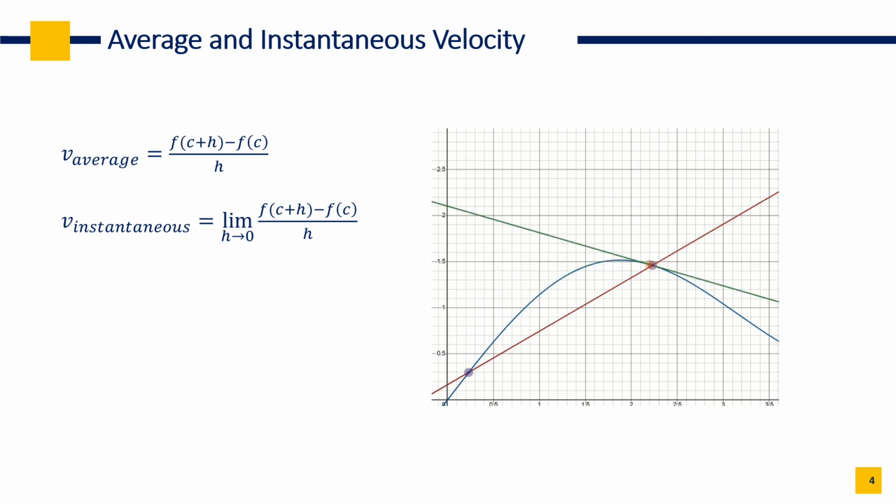It tweaks and follows your function a lot more accurately, whereas your average just gives you the approximation between those 2 points. So again, your average is the slope of your secant line. Then your instantaneous is the slope of your tangent, at that singular point, at that moment in time. So let's go ahead and look at an example just to clarify and set it into your heads a bit more.